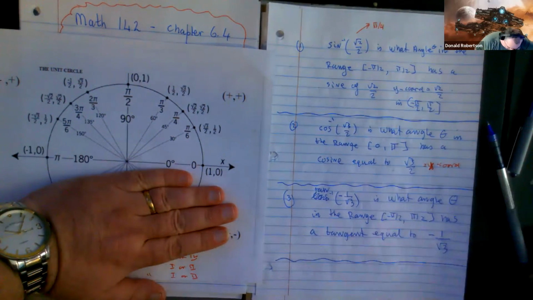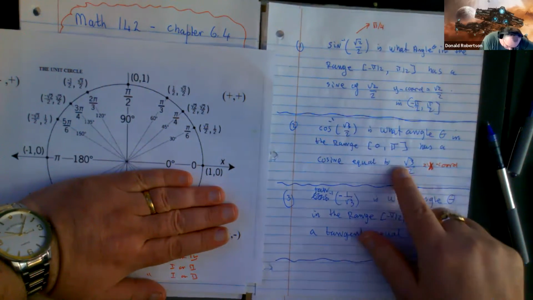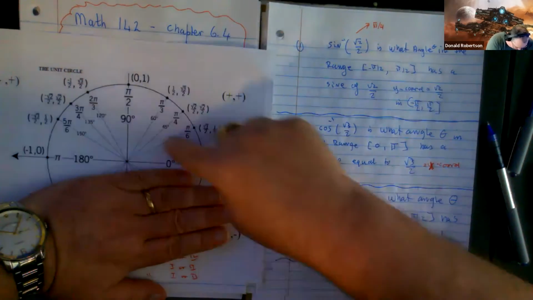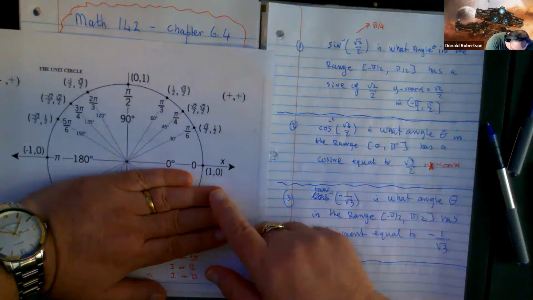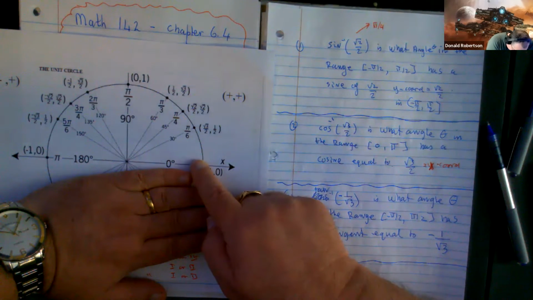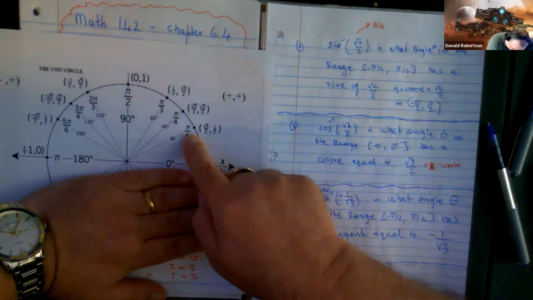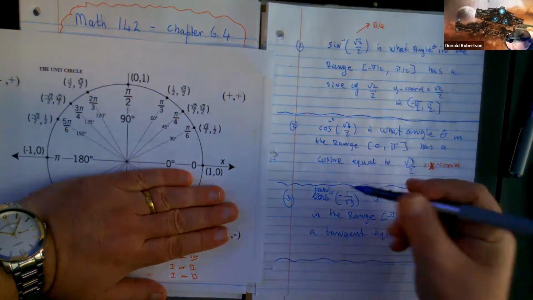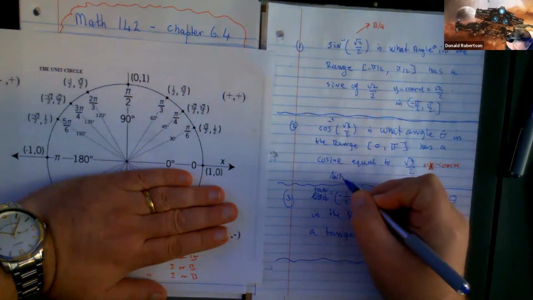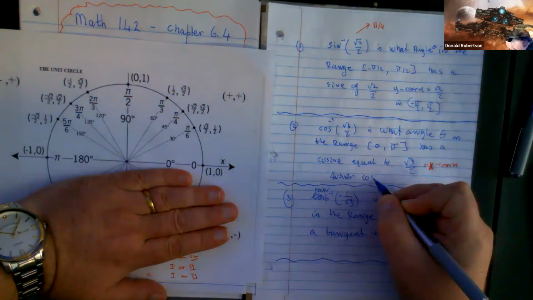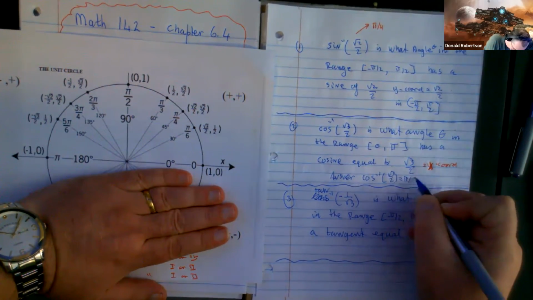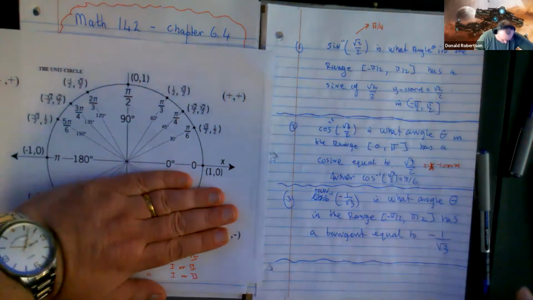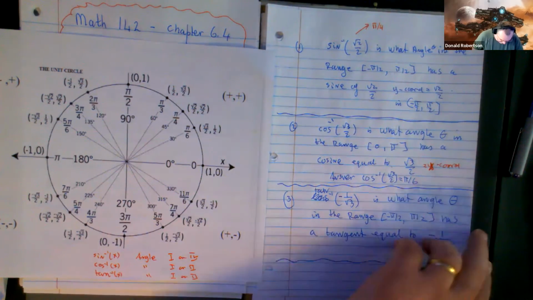So I'm looking for an angle whose x coordinate is this guy, and it's in this range. So x coordinate of root 3 upon 2 is pi upon 6. So the answer to the inverse cosine of root 3 upon 2 is pi upon 6.